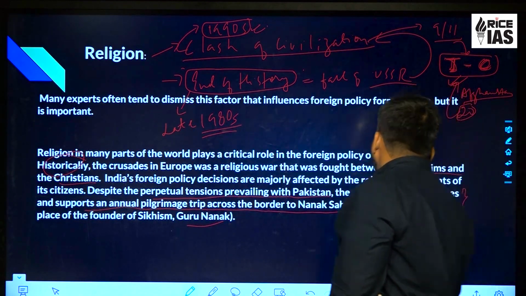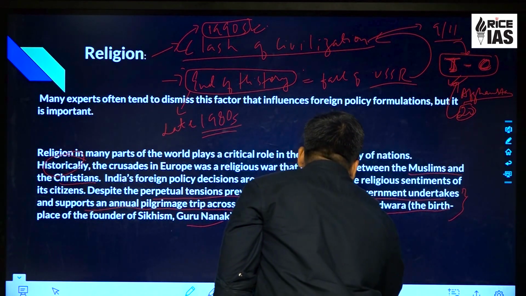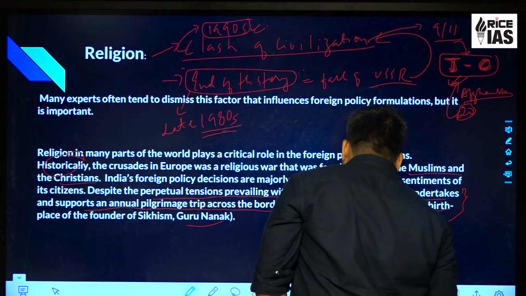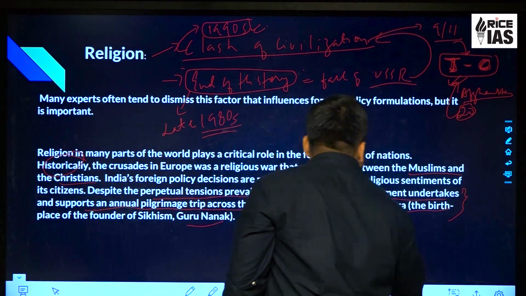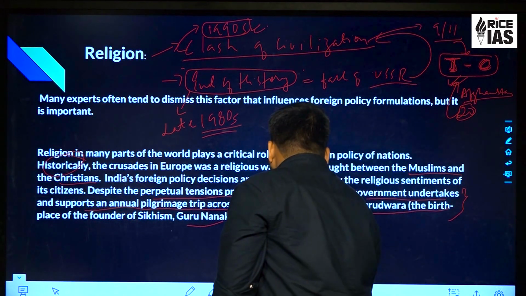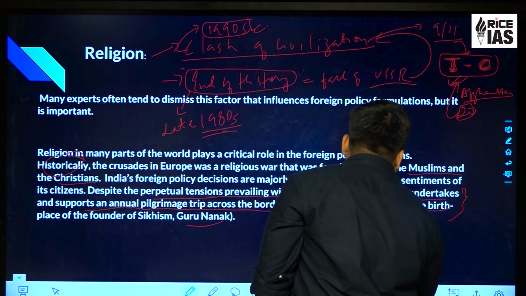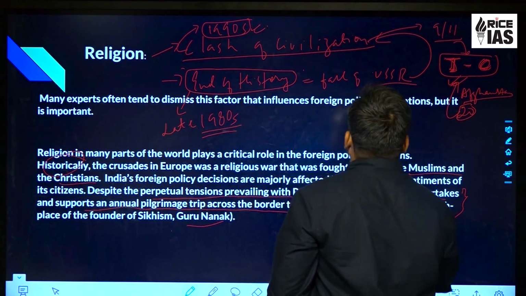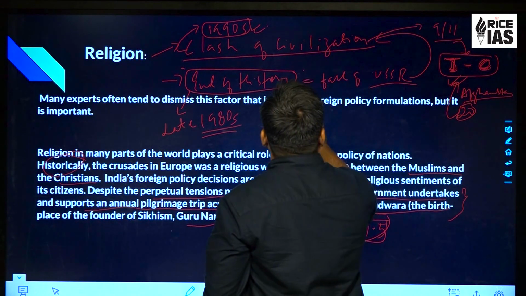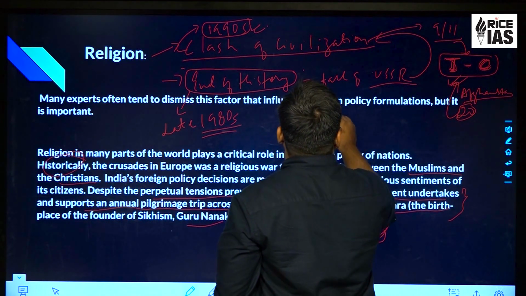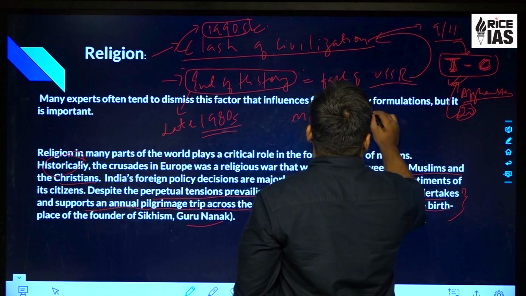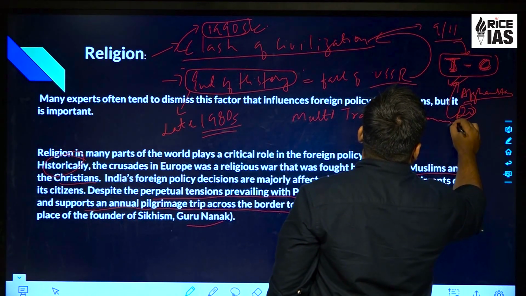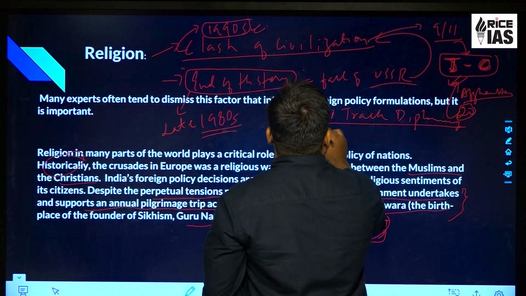Of course, this is also called track 1.5 diplomacy. What is track 1.5 diplomacy? Let me explain. There is something called multi-track diplomacy, where the two important tracks are track 1 and track 2.